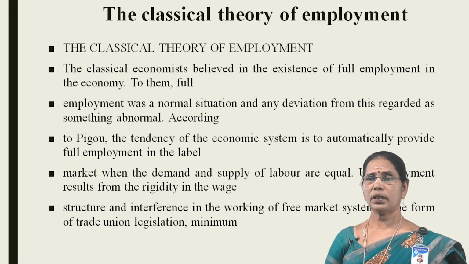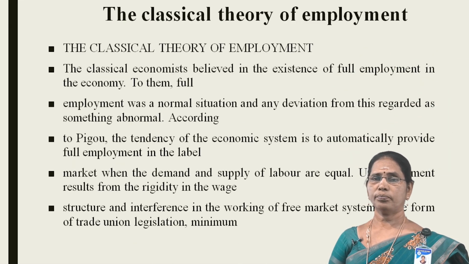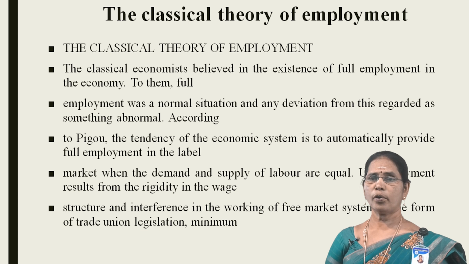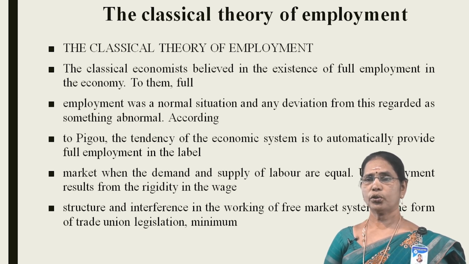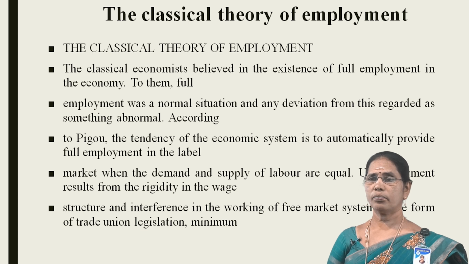Now we have to see the classical theory of employment. The classical economists believed in the existence of full employment in the economy. Full employment was a normal situation and any deviation from this was regarded as something abnormal, according to Pigou.